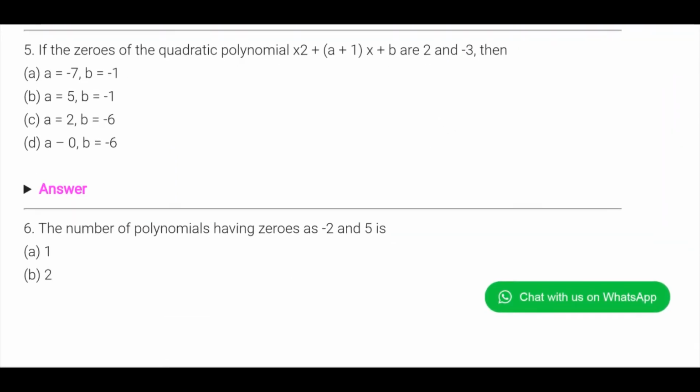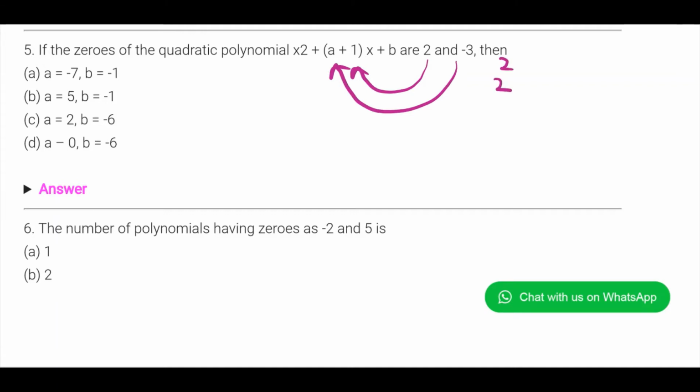Next, question number 5. If the zeros of the quadratic polynomial are 2 and minus 3, then substitute the values 2 and minus 3 in the polynomial and equate that to 0. We will get two equations, and if we solve those equations, we'll get the values of a and b. So substitute the value of 2.